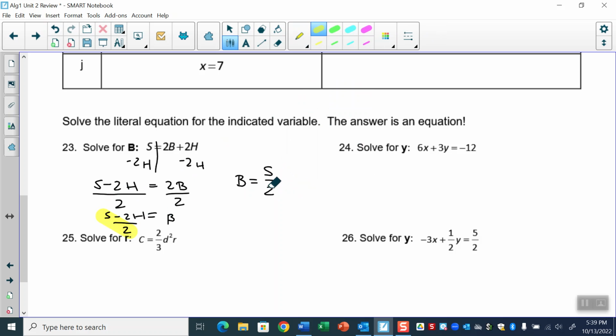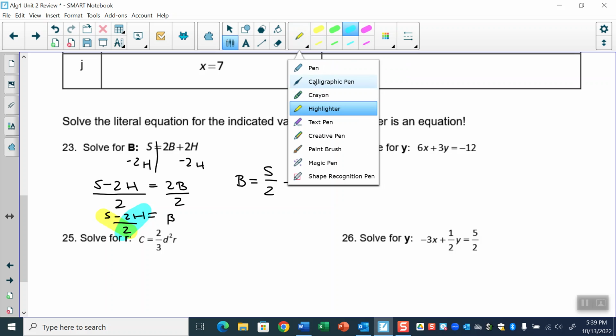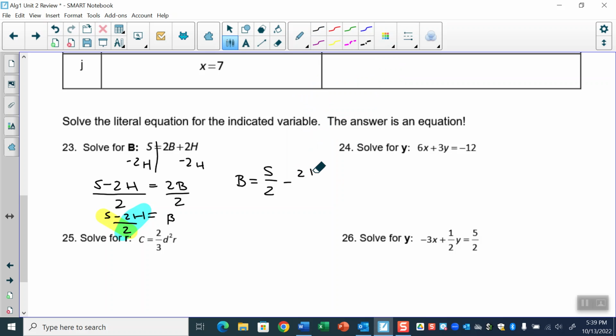So S divided by 2 minus, and then this would be 2H divided by 2. So B equals S divided by 2 minus, and then those could cross out, and that would be H. All right.